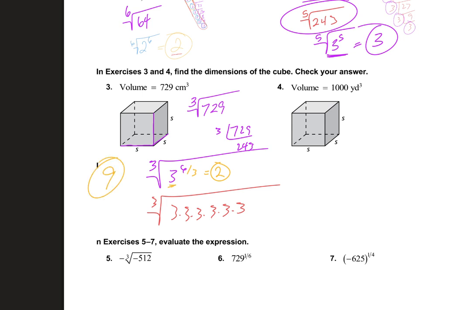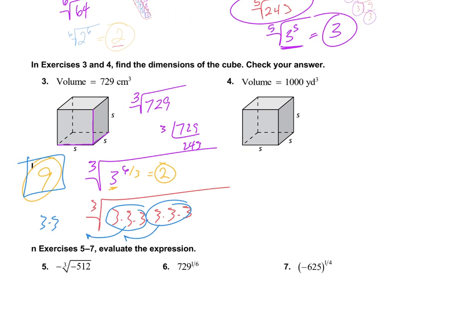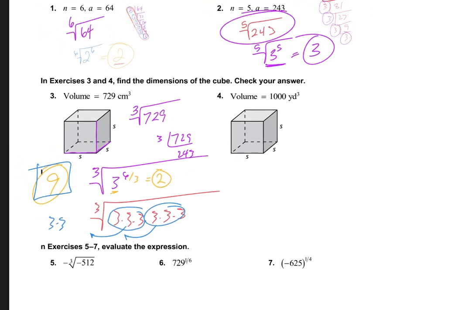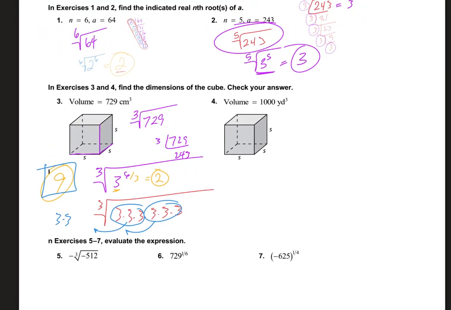Or if you want to look at it this way, oh, look, there's a group of 3, it goes out. There's another group of 3, it goes out. And that's 3 times 3, which is 9. So number 3 is 9. Number 4, it's 10. Okay, so if it's 1,000, the cube root of 1,000 is 10 times 10 times 10.